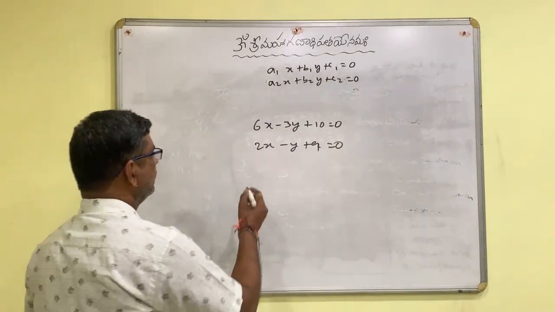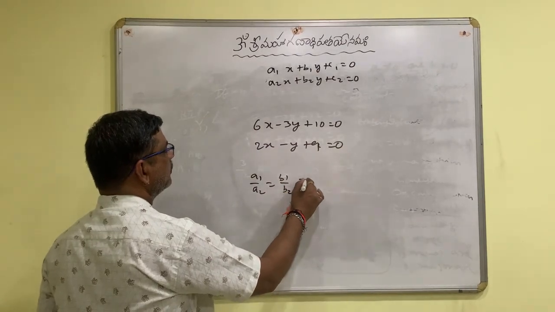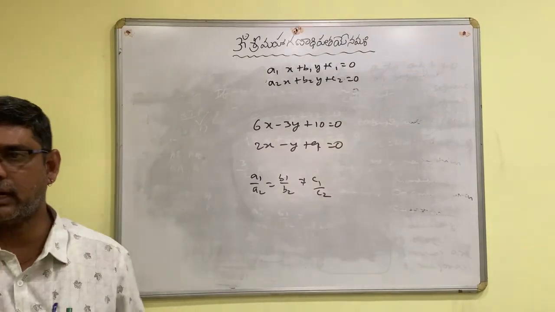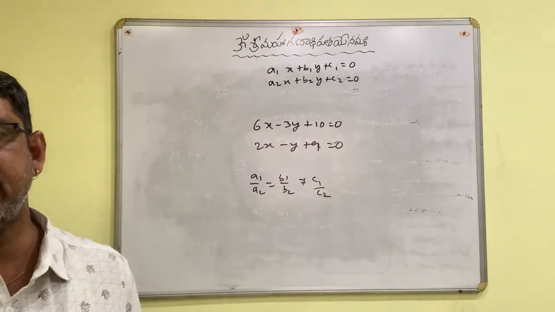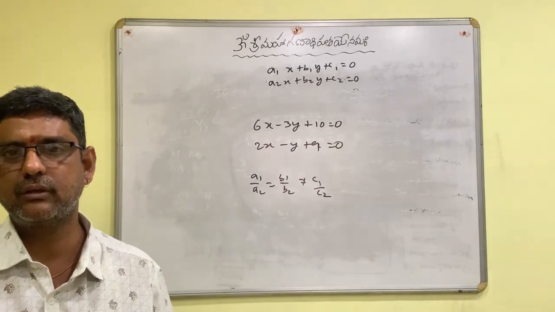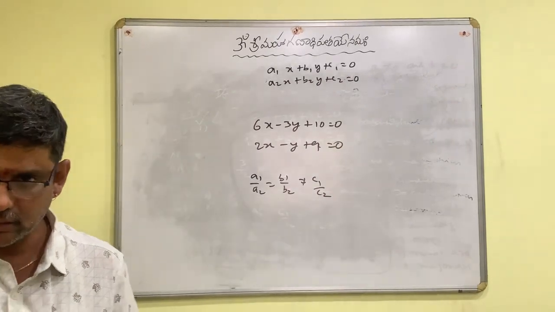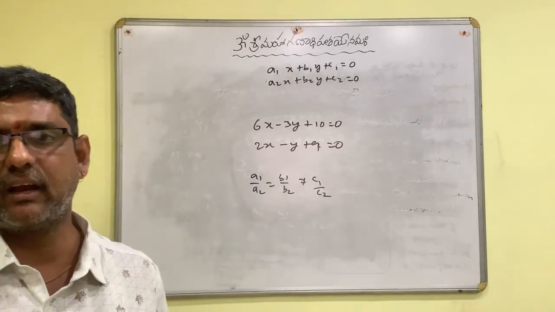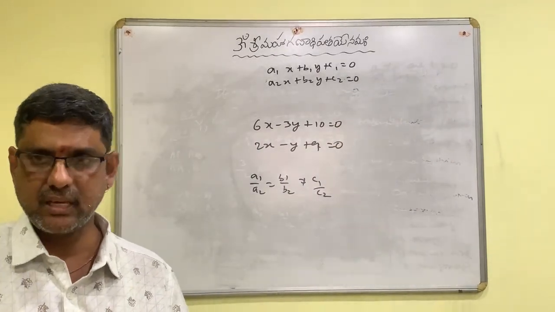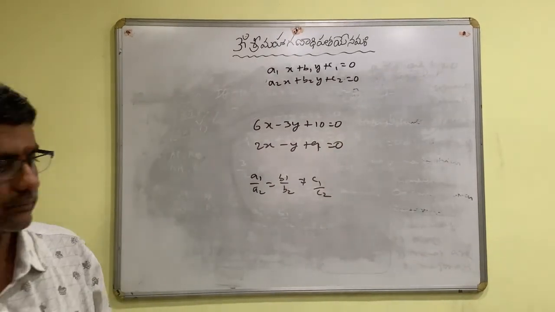So here a1 by a2 equals b1 by b2 but is not equal to c1 by c2. So this pair does not have any common solution. They are parallel lines. They will not meet or intersect each other. Okay, children?